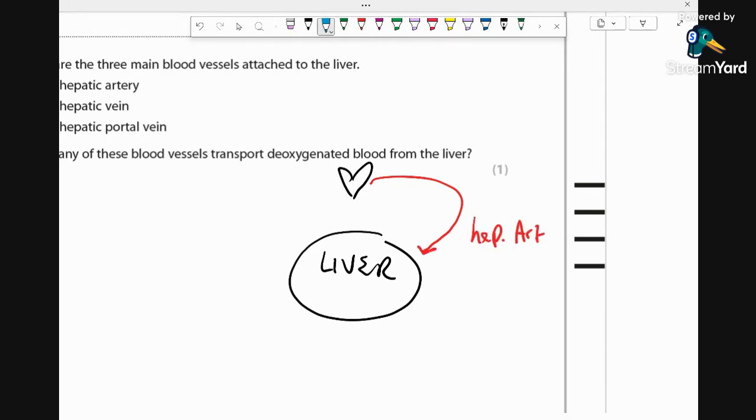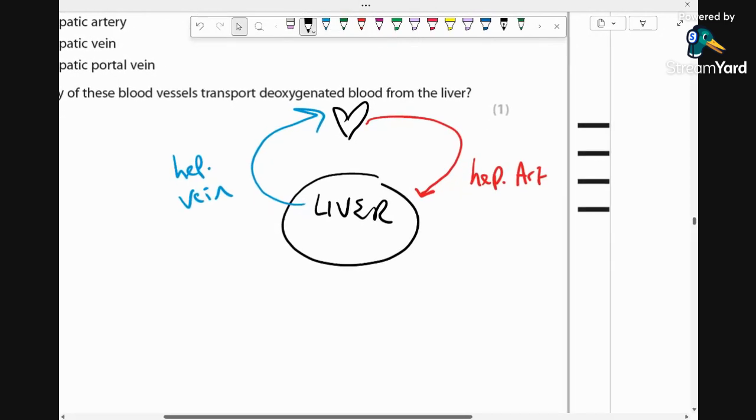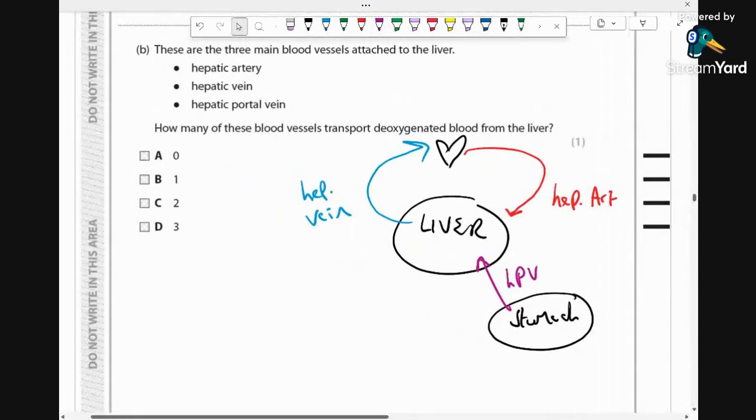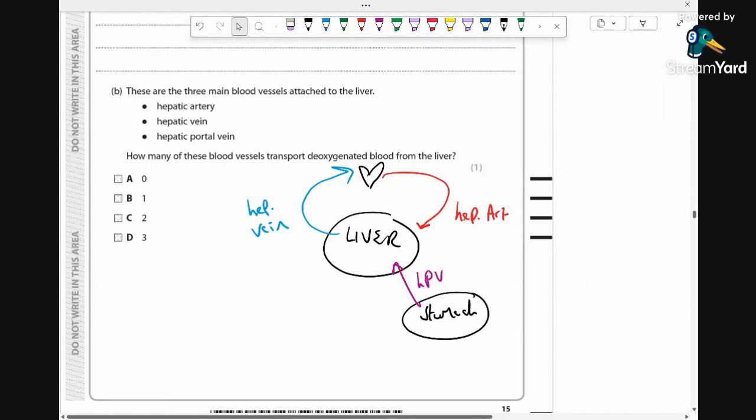The blood coming back to the heart is the hepatic vein, and the hepatic portal vein comes immediately from the stomach and the digestive tract. So I would draw that out in the exam, just to be clear.